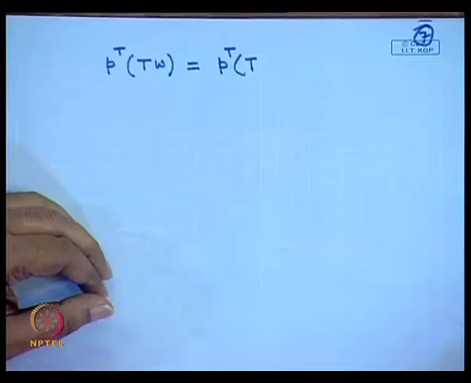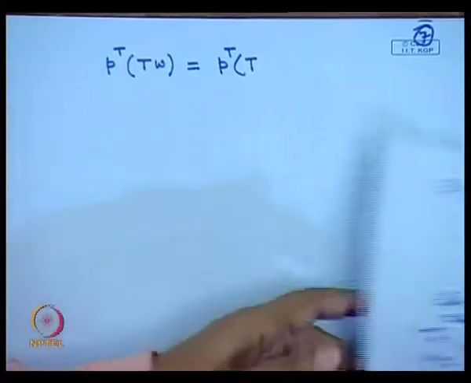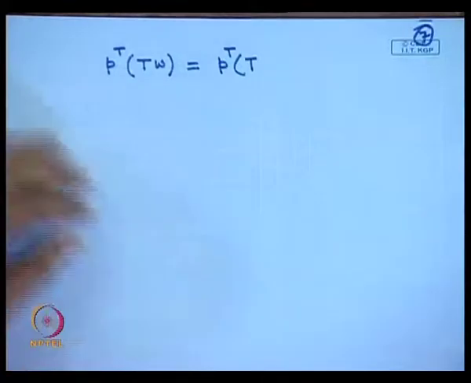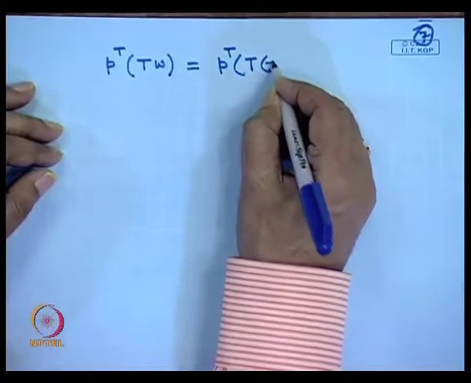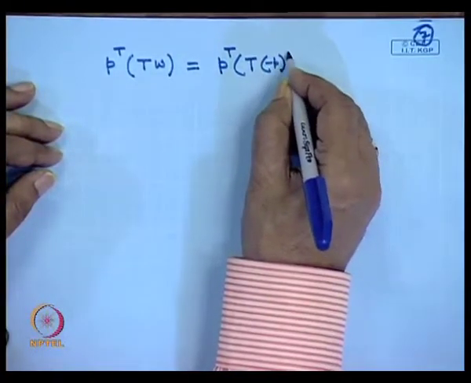W, I am selecting minus of P, you see here minus P. If you select this, that minus P, okay.